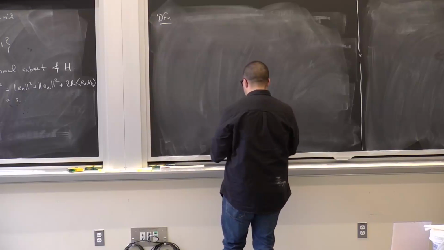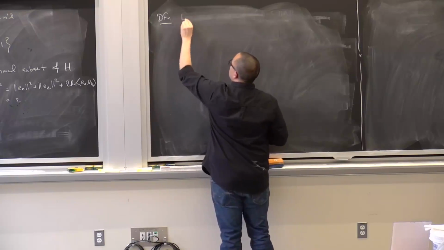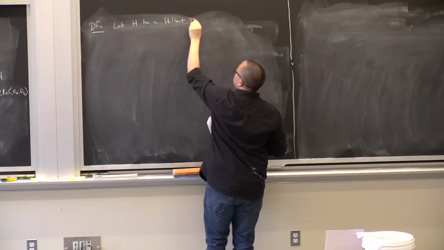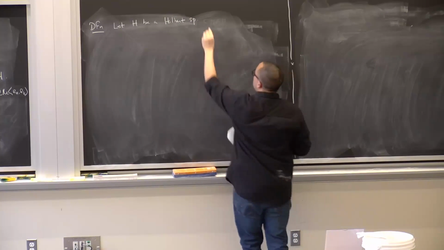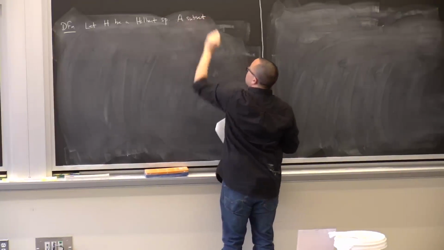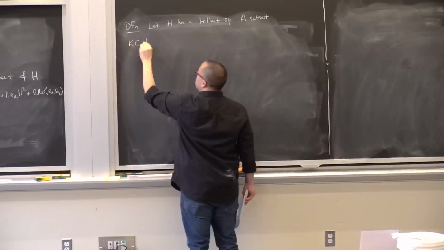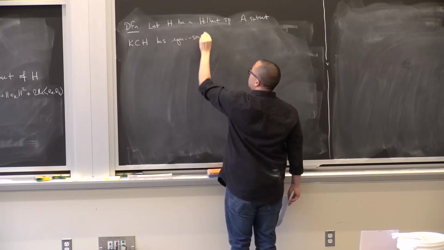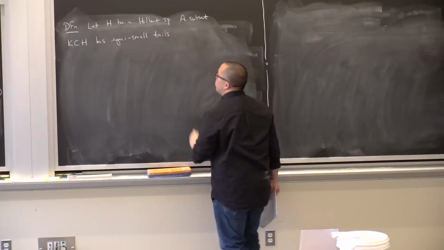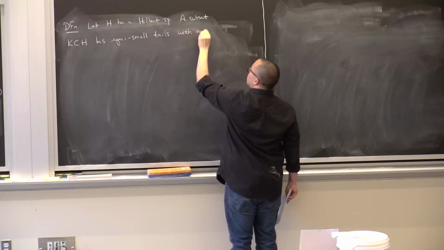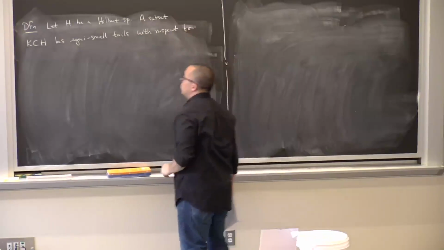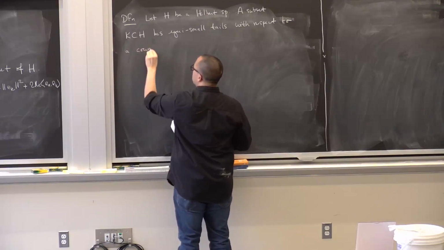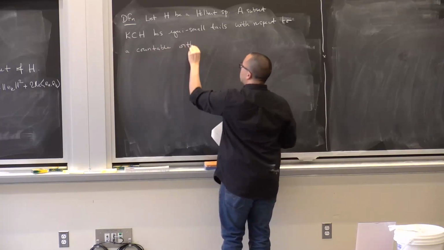Let H be a Hilbert space. A subset K of H is said to have equi-small tails with respect to a countable orthonormal subset E_n.